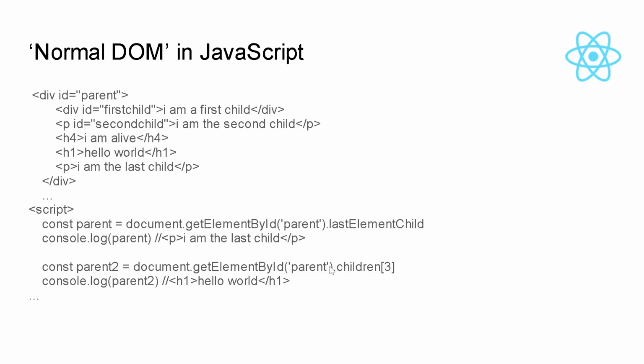That would be the third child of the parent element. Now, you don't have to go by ID for the child, but I do have to do document.getElementById of the parent. So all this document.getElementById has overhead associated with it. Remember, this is all running in my browser. When my browser wants to access and change something on the page, I have to go through all of this.